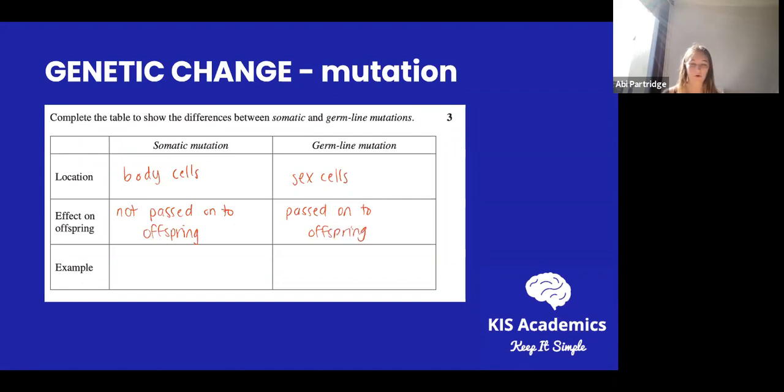For an example, you can say a skin cell leading to cancer or something like that.